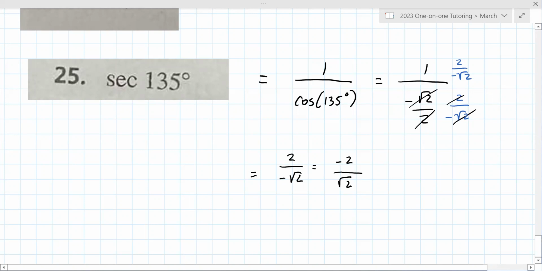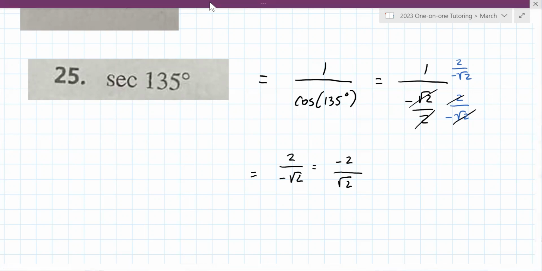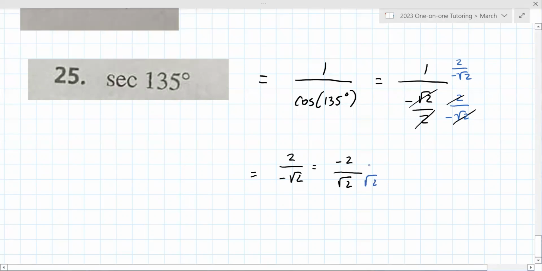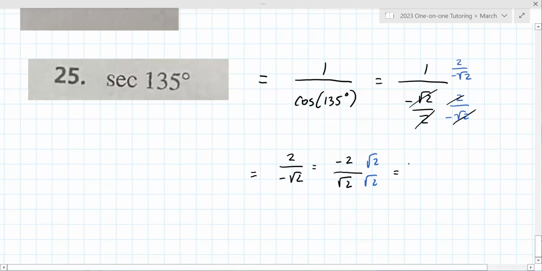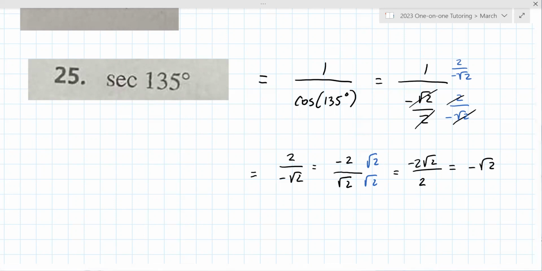And from here you have to rationalize. It's almost more work to do everything from here than to just look it up on the table. So the 2 square root of 2 times square root of 2 on the bottom becomes 2. You divide, becomes negative square root of 2.